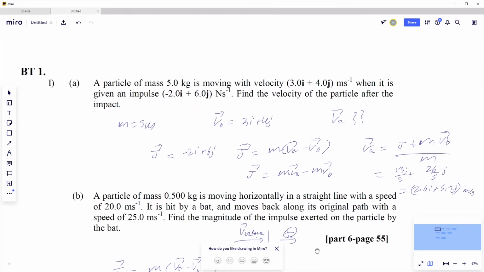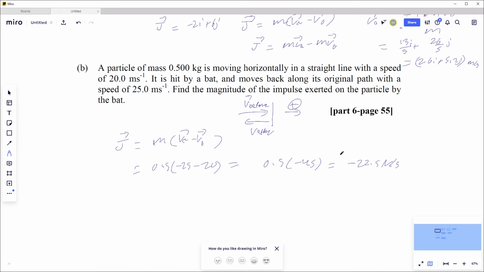To double check the units, newton seconds. So this is negative, you want magnitude, so just put positive so that everyone gets the same answer, and there you go, 22.5 newton seconds, and we're done.